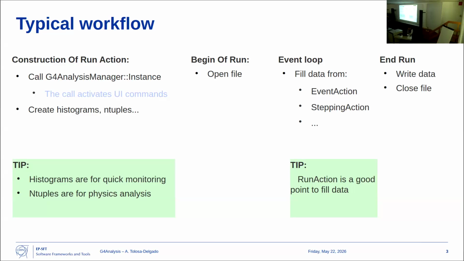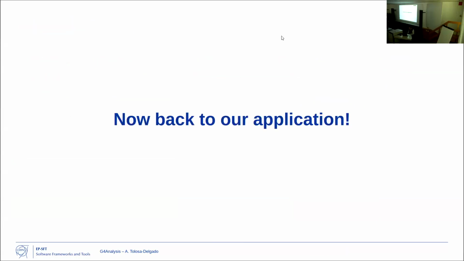And of course, you are free to choose whatever format you want. If you feel more comfortable with ROOT, you can choose ROOT as output format. And that's all. You will see that the code that we have to implement is rather short. And with this, we will generate a histogram with the energy deposited in our target during the collection of events.